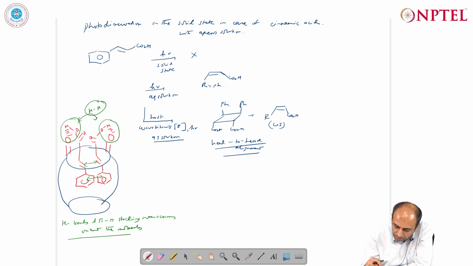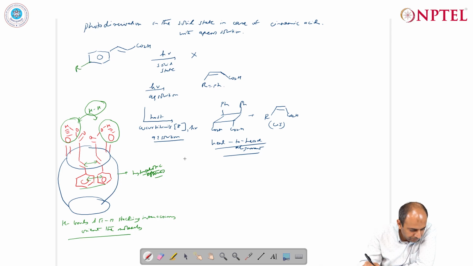The hydrogen bonds and the pi-pi stacking interactions orient the molecules, but it is actually the hydrophobic effects which stabilize this entire dimer inside the molecular vessel. So you also have the role of hydrophobic effects stabilizing these pi-pi interactions via the hydrophobic walls of the host structure. This will lead to facile dimerization.